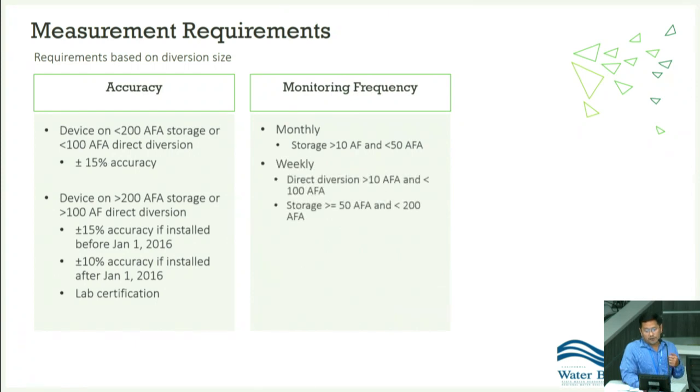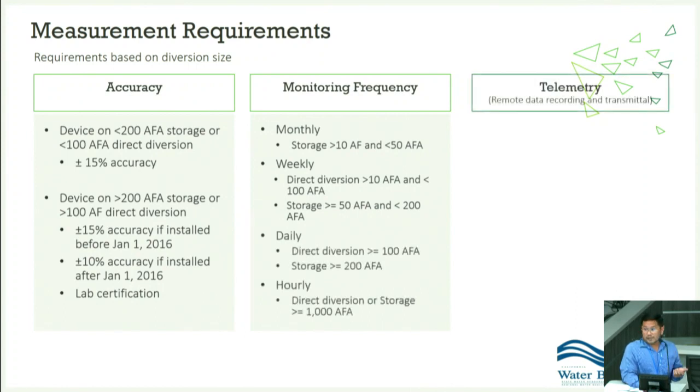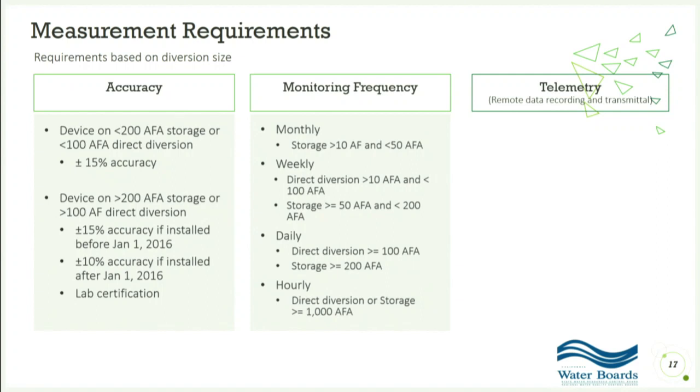It is weekly for direct diversions greater than 10 acre-feet but less than 100 acre-feet a year. And for storage diversions 50 acre-feet a year or greater but less than 200 acre-feet a year. And then daily and hourly frequency requirements apply to the largest diverters, 1,000 acre-feet or more require hourly.